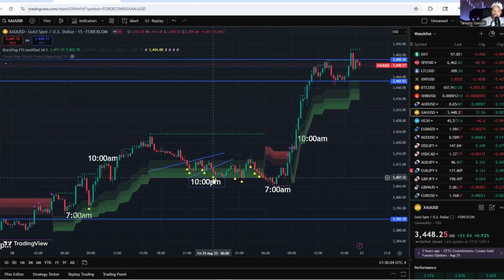If you're trading currency pairs, you have a little bit more options, but it's absolutely critical that you're trading gold around these times if you want the best entry. And 7 a.m. is by far the best time to trade gold, and that's usually when you're going to see the lowest or the highest point of the day.